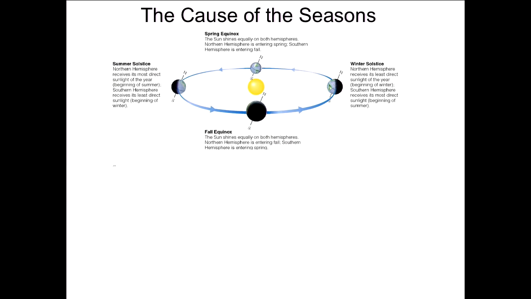Okay? And by the way, the first day of summer is called the summer solstice. That always happens around June 21st or June 22nd. And of course, the first day of winter always happens around December 21st.